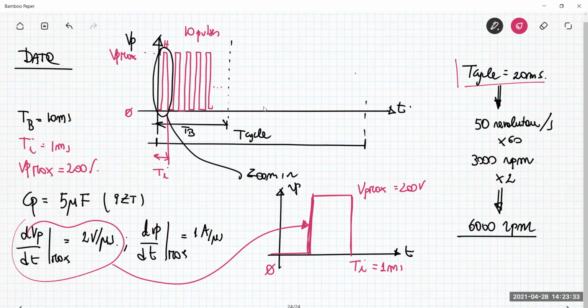But remember that I have to inject the pulses 2 times for each cycle. So it means that I have to get twice this revolutions per minute if I want to get the revolution of my motors.